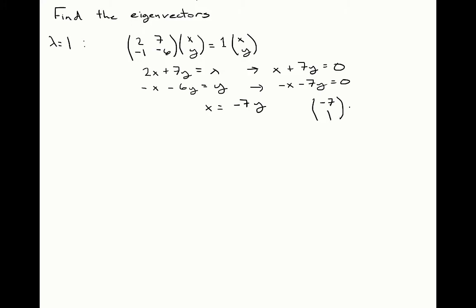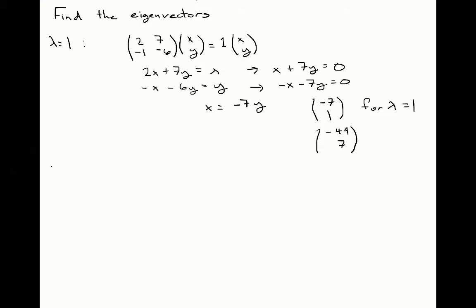There's always going to be an arbitrary scaling factor. Technically, you could say that your answer is minus 49 and 7. Unless I ask you to normalize, that is change the length of your vector to 1, you can pick whatever you want. And at this point, I'm not making you normalize. But if you were doing quantum mechanics, then you are going to normalize.